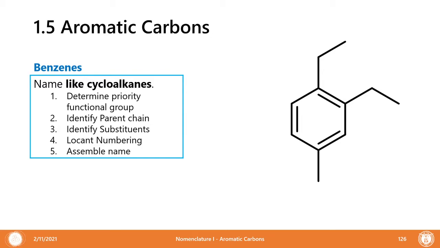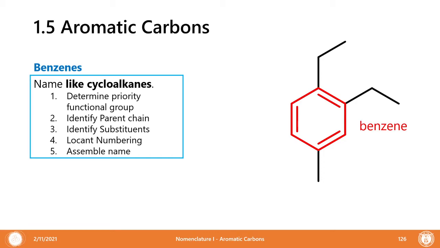So benzenes are named much like cycloalkanes. We first determine the priority functional group, which is benzene. Always remember that if you see a benzene ring, automatically name it as benzene.